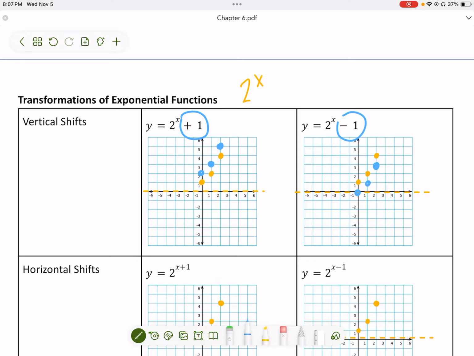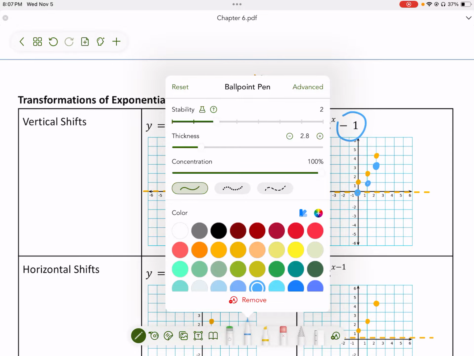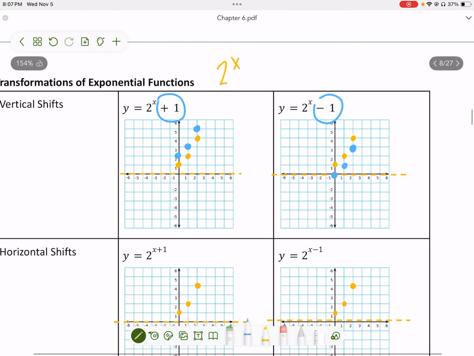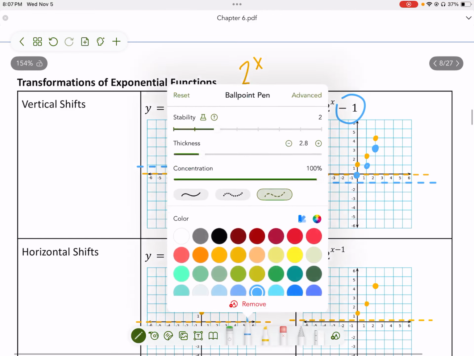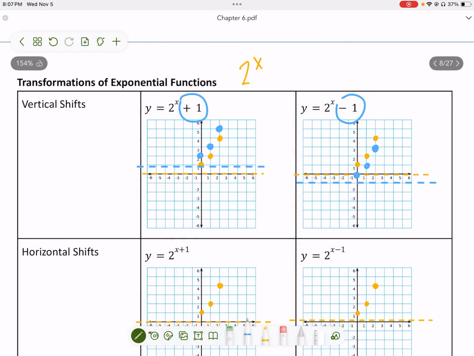With that, our asymptote also moves. We are shifting vertically, so the asymptote should move up with us or it should move down with us. That's really important. That is going to be the only time that the asymptote will shift for exponentials. So y equals 1, y equals -1. So that's moving up, and this one moved down.